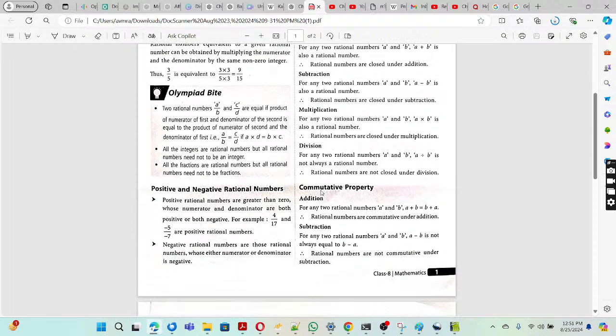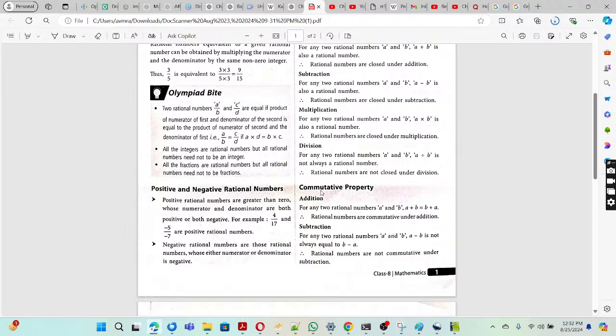Okay, so commutative property means if you add a plus b and b plus a, both you will get the same value. For any two rational numbers a and b, a plus b equals b plus a.